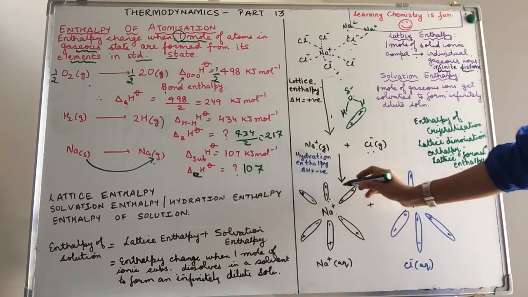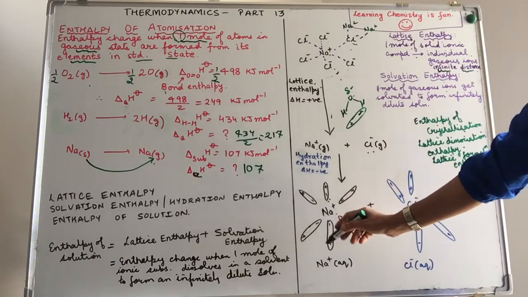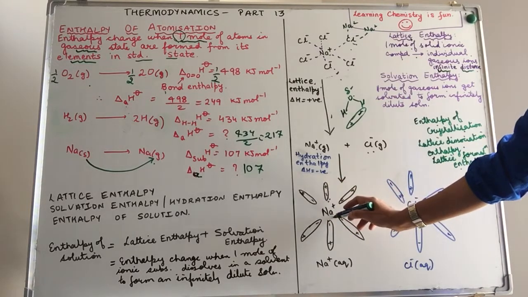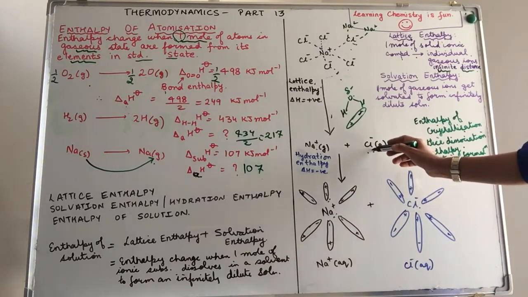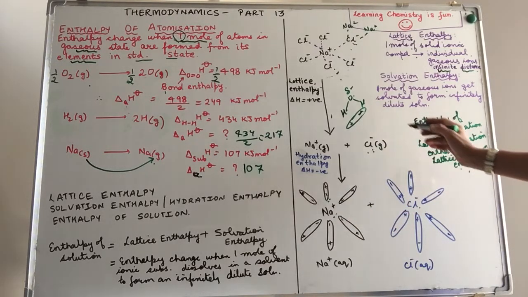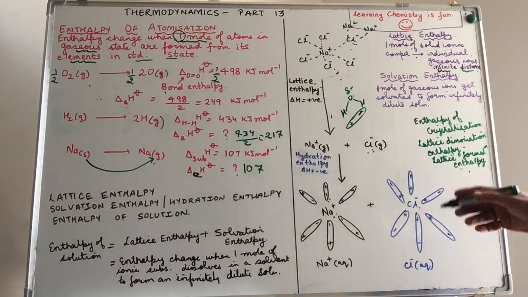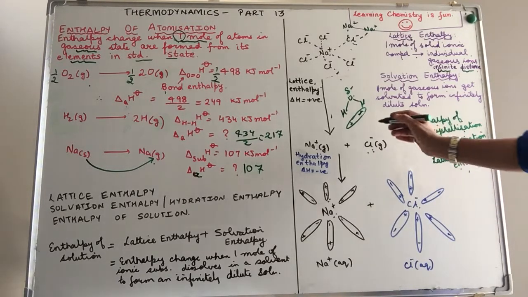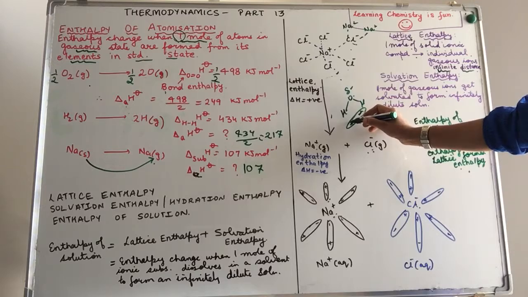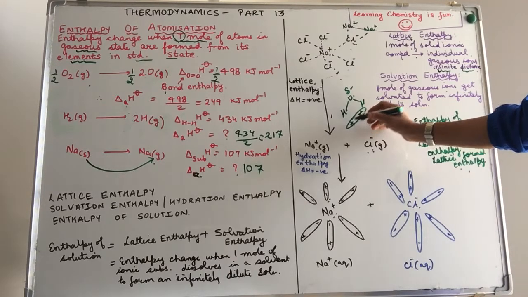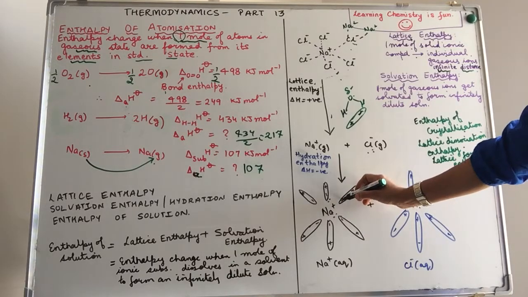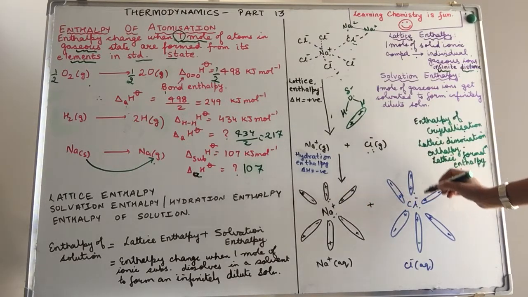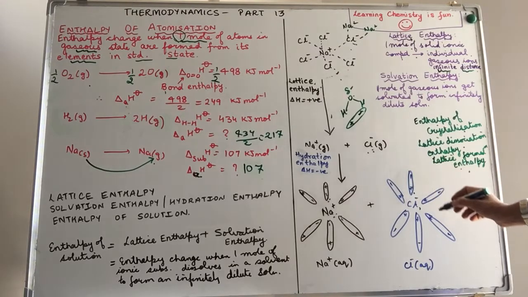Similarly, there will be a number of water molecules surrounding the sodium ion. Same way, come to chloride ion, which has been formed in the gaseous state. Chloride ion is negatively charged. It will be attracted by the positive end of the water molecule. So if you notice over here, for sodium ion, we have the negative end of the water molecule, whereas for chloride ion, we have the positive end of the water molecule facing it.